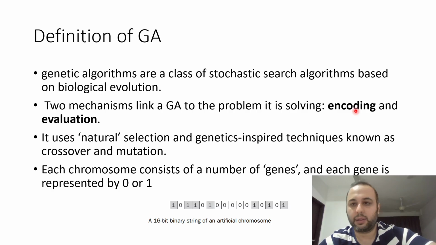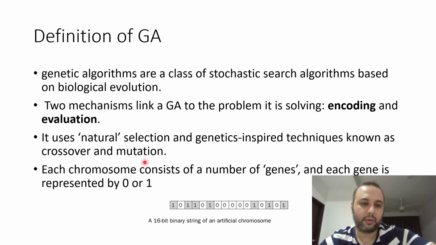It means we have the encoding of the genes in each population, and evaluation in each iteration or in each generation. It uses natural selection and genetics-inspired techniques known as crossover and mutation. So we have two techniques for the operations of the genetic algorithm.